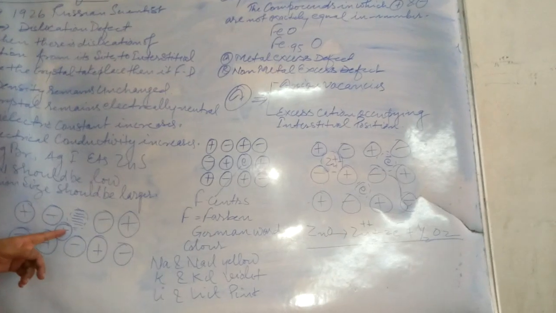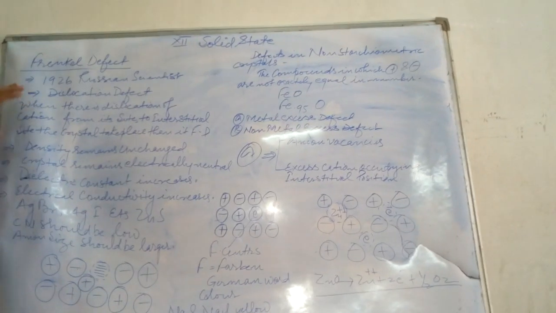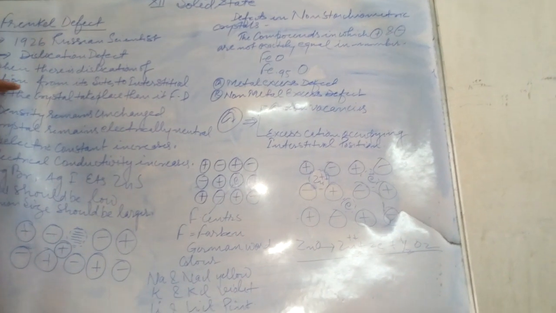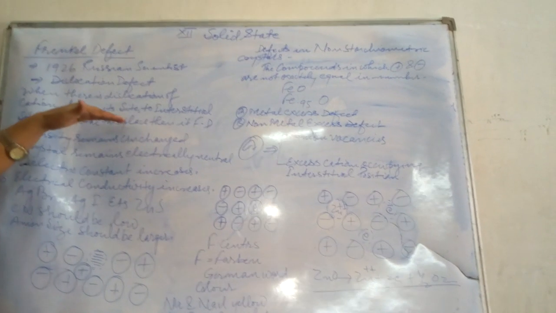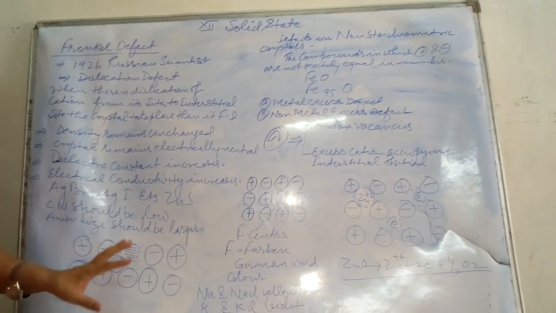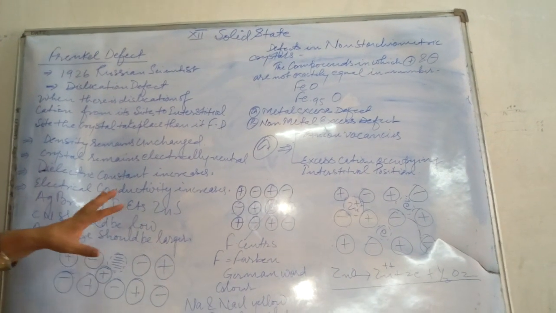It is not missing, but dislocated. So when there is dislocation of a cation from its site to an interstitial site of the crystal, the defect is considered Frenkel defect.